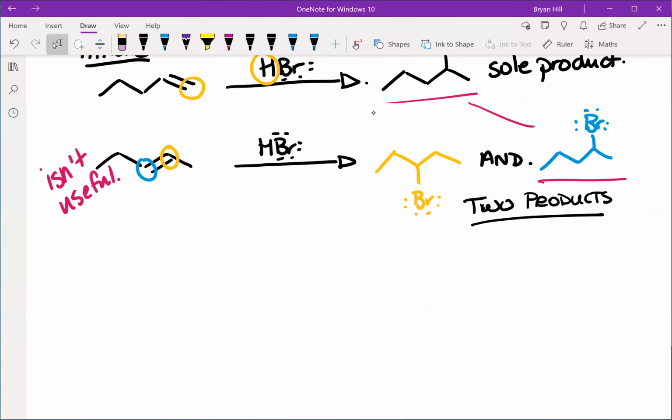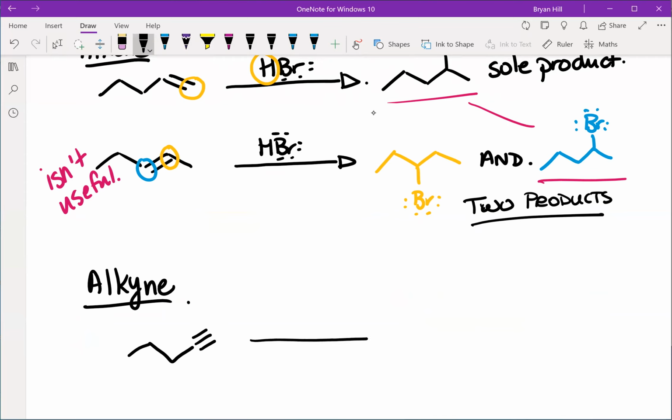So by extension, if we do the same reaction of an alkyne, HBr, put excess here.